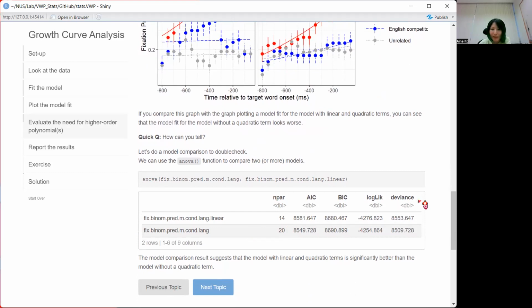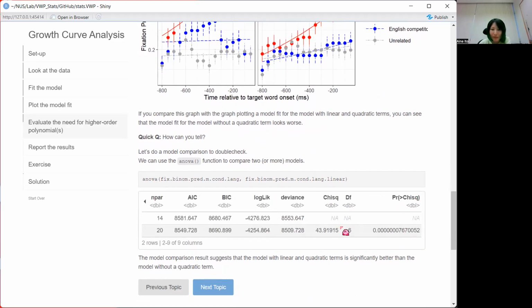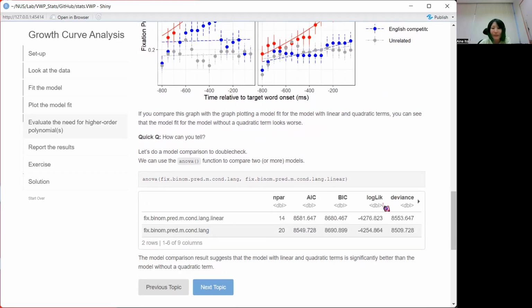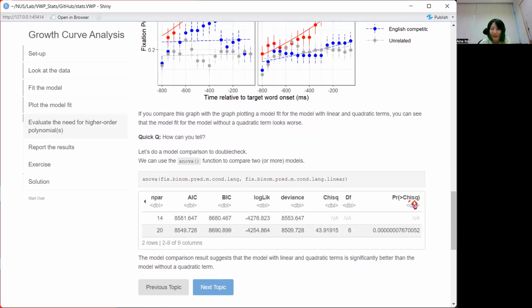We can use that to check whether the second model with the quadratic term was better than the first model without the quadratic term or not, and we can check using the p-value here as well. It's just like the model comparison that you do for LME. So this is another way to check which model is a better fit for your data.